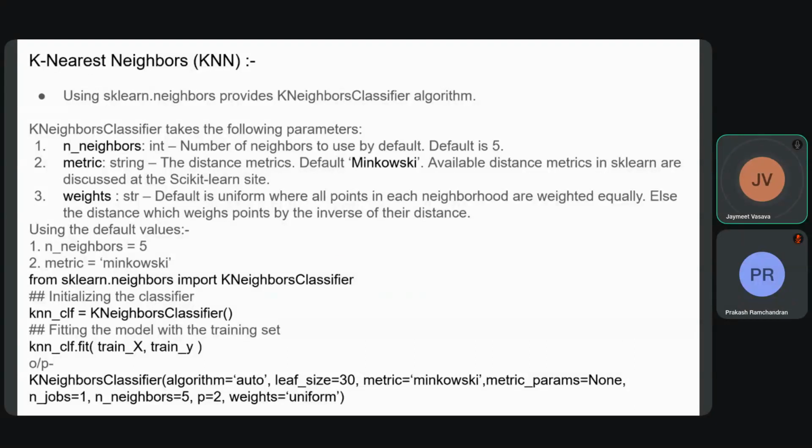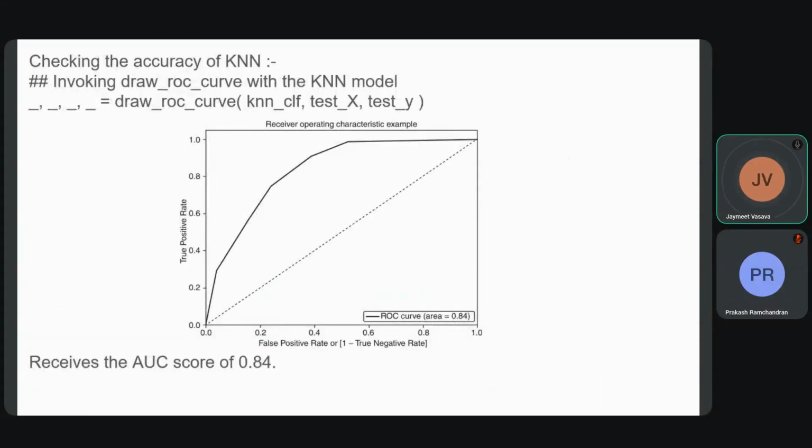Using scikit-learn to import the KNeighborsClassifier algorithm, knn_clf will be our model, and fitting the model, you can get the short summary of the model and the parameters that are used. Now, drawing the ROC curve for our model, we get the AUC score of 0.84.